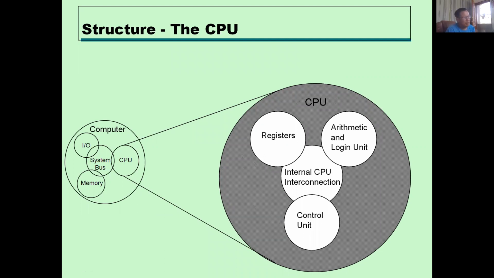So the structure of a CPU. A CPU has a set of registers. The most common of which is the accumulator, because it's being used by the arithmetic logic unit to store one of the inputs and the immediate result of the arithmetic logic unit. The control unit generates the control signals that activate the necessary component depending on the instruction that is set.